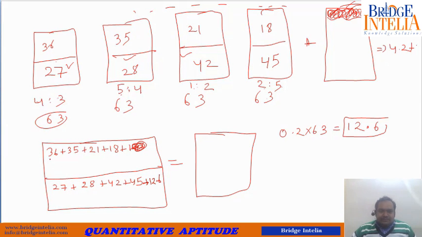So 36 plus 35, 71. 71 plus 21, 92. 92 plus 18, 110.